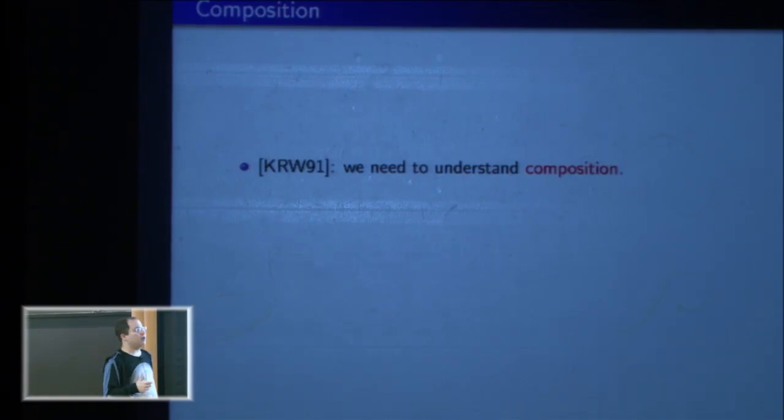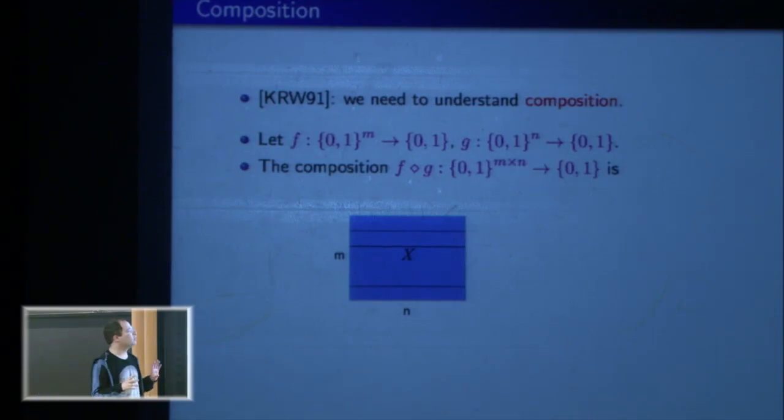One such alternative approach was suggested by Karchmer-Wigderson, Ran here and Avi here. And they said that we could try to prove super-polynomial formula lower bounds by understanding composition better. So what do I mean by composition? I'm now defining the central notion in this talk, so pay attention.